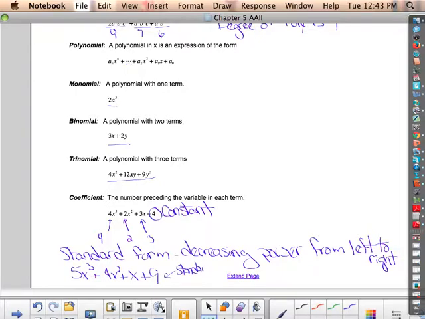Versus if I give you 2x plus 5x to the fourth plus 3x squared minus 6x to the third plus 3, that is not in standard form. So you'd want to rewrite that and put that in standard form, which means it would go 5x to the fourth minus 6x to the third plus 3x squared plus 2x plus 3. That's how you'd rewrite that and put it in standard form.